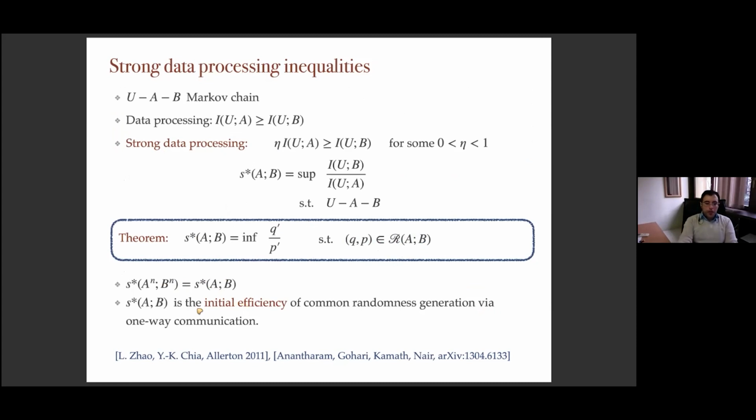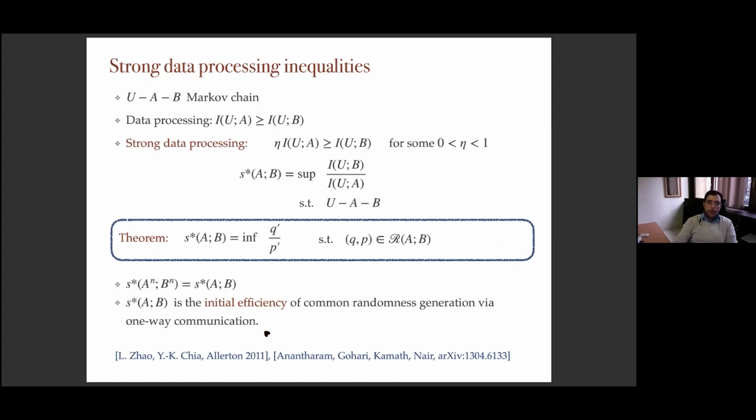The other interesting thing is that S star is related to the duality of rate regions and measures of correlation with the tensorization property. You can characterize S star as the initial efficiency of the problem of common randomness generation with one-way communication.